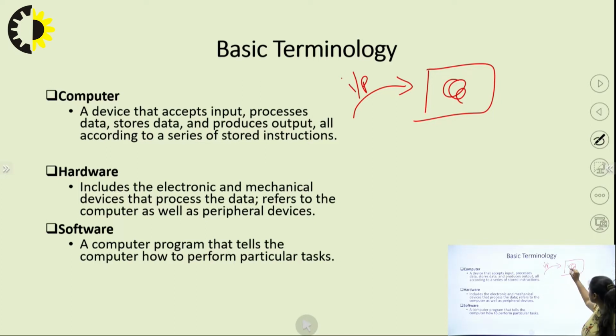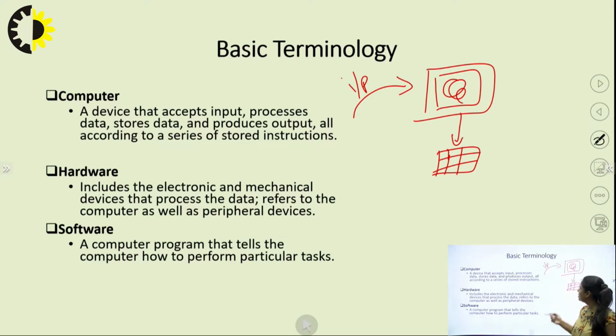Then it also stores data, because sometimes we have to store data for further use. It stores it somewhere, which can be registers or memory. It also produces output, and sometimes it stores the output too. All this functionality is done by a computer system.